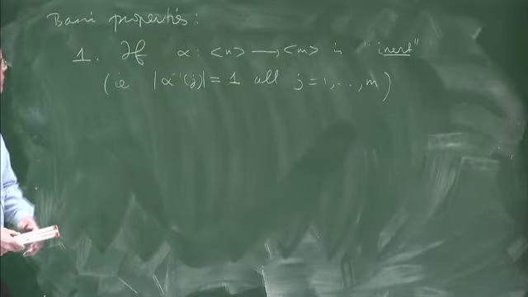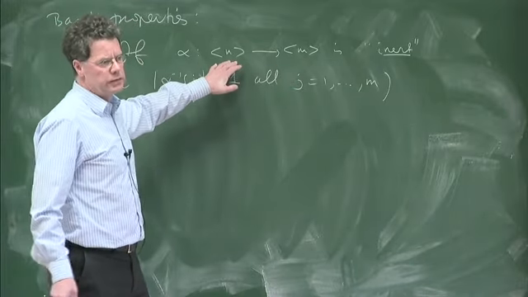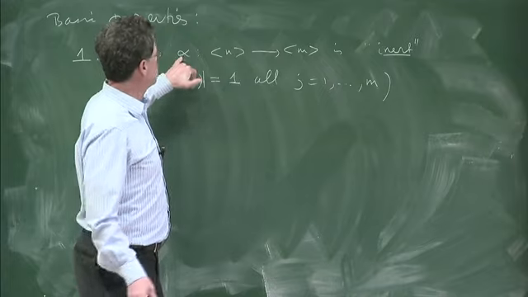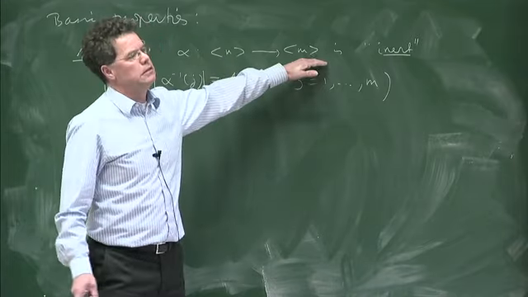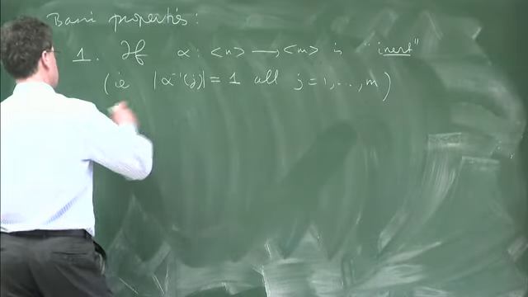The easiest way to think of these maps is you think of M as a subset of N, and alpha is defined on that subset as the identity, and it forgets the other elements.